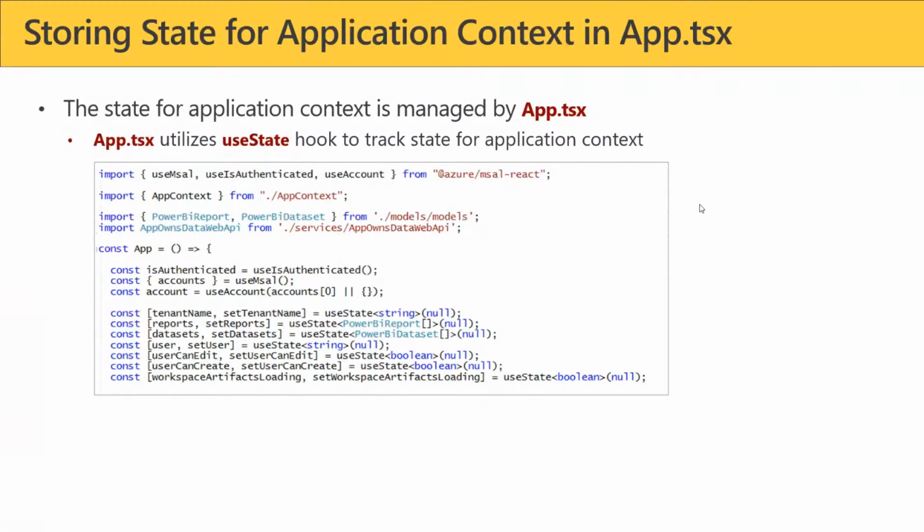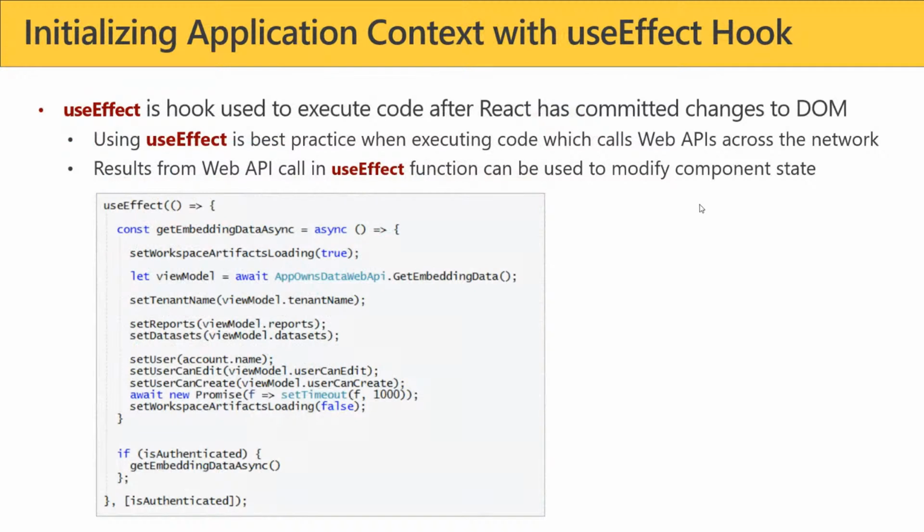We still need to store the state for that context in one of our components, so the app makes a lot of sense. The first thing we do is create a bunch of state properties using useState. Second, we're going to have a useEffect call.